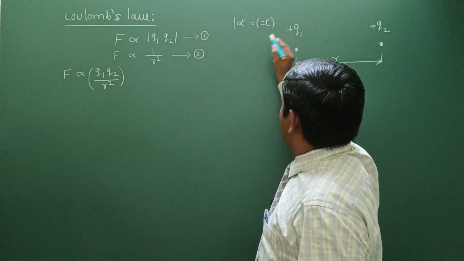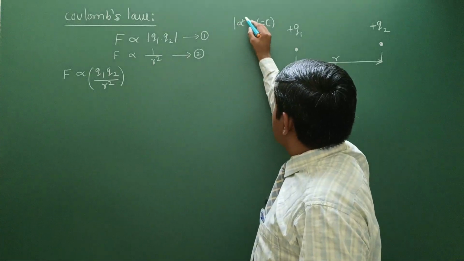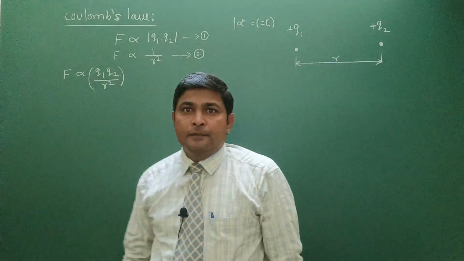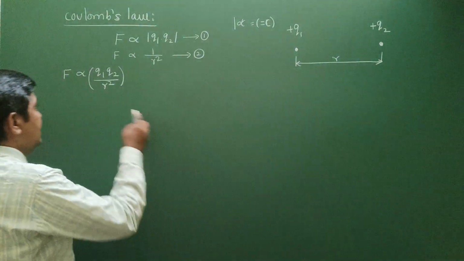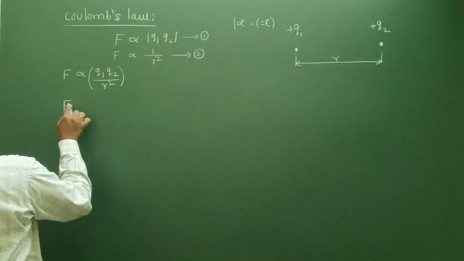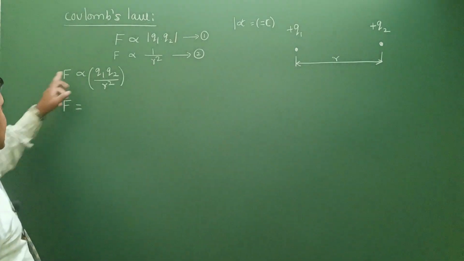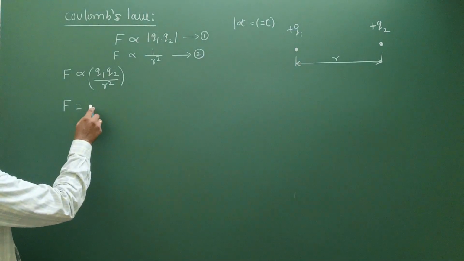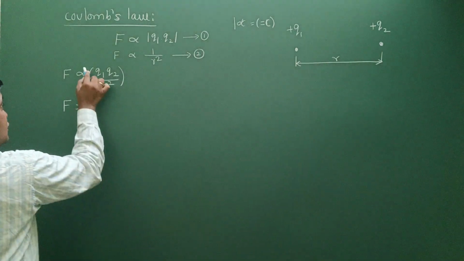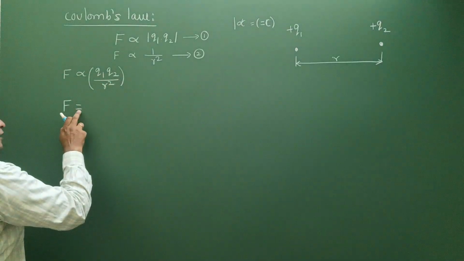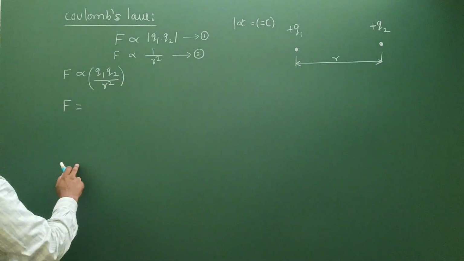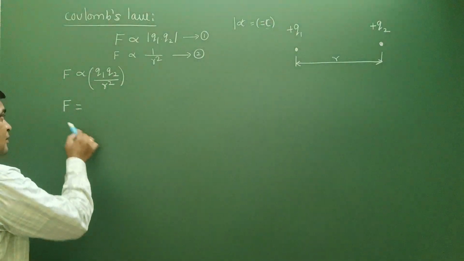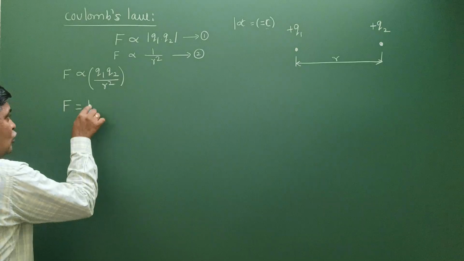What is that constant? We don't know yet. The proportionality is replaced with an equals sign and a constant, so I can write F equals some constant, and I have written C to say constant, but here that constant is k.